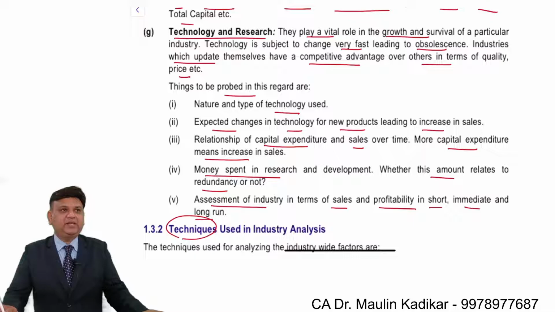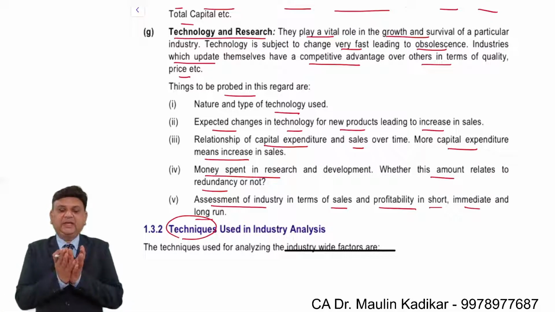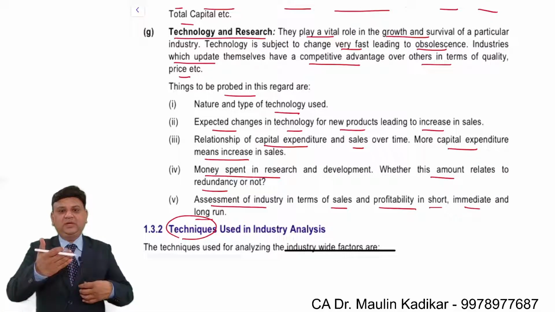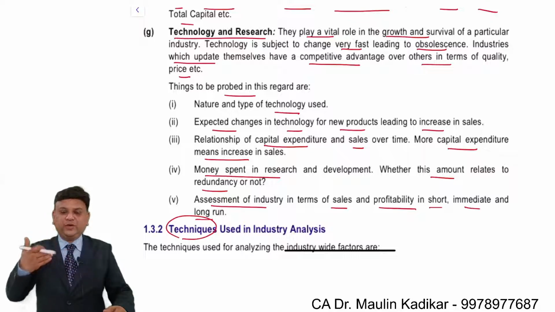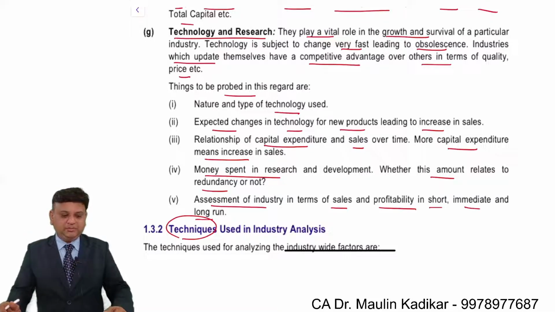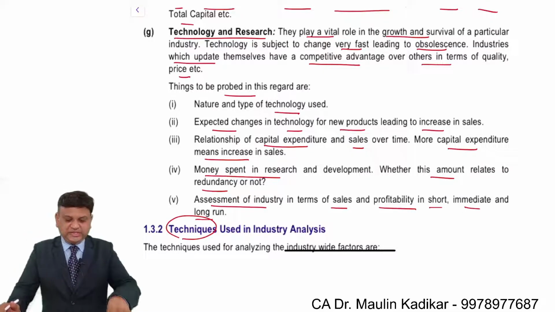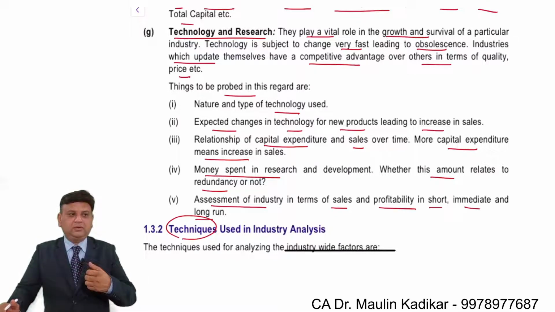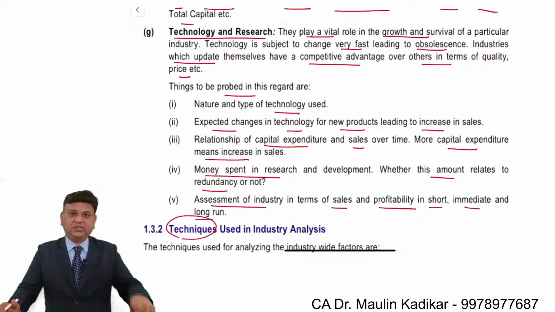Friends, we can say something like this, that before 1991, the Indian market was not open for foreign companies. So before 1991, the situation was like this. For an Indian consumer, he had a very limited number of choices.